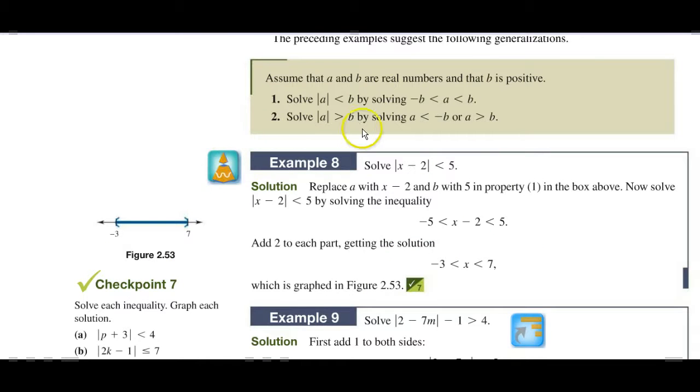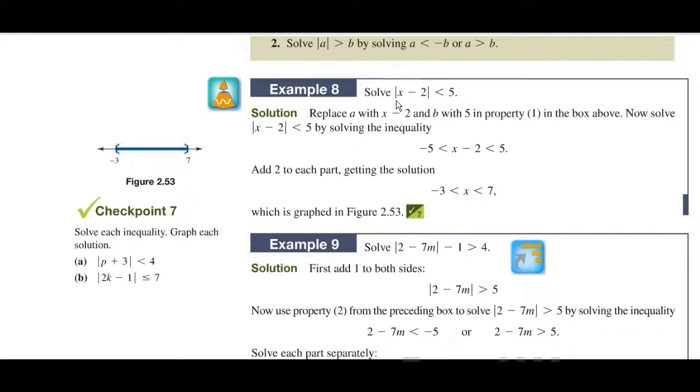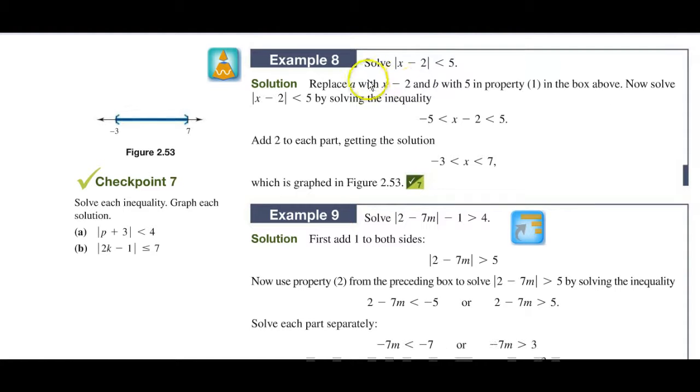And in this bluish box, they're giving you a summary of what we've just done. Now, how about if it's a little more complicated? How do we do that? Well, keeping in mind if it's less than the absolute value, you just put the absolute value between two inequality signs like so.